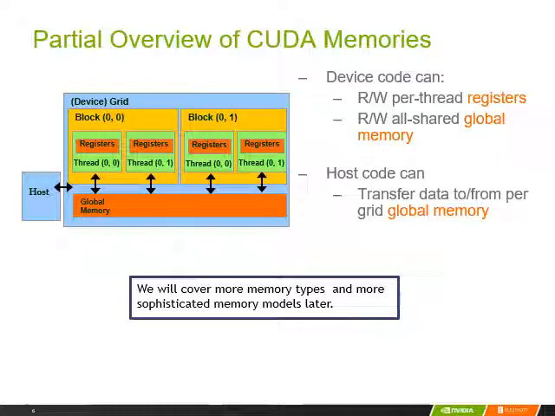During execution, the device code can read or write its per-thread registers, and each thread can also read or write any location in the global memory. The host code can transfer data in and out of the global memory, and can also allocate memory in the global memory.